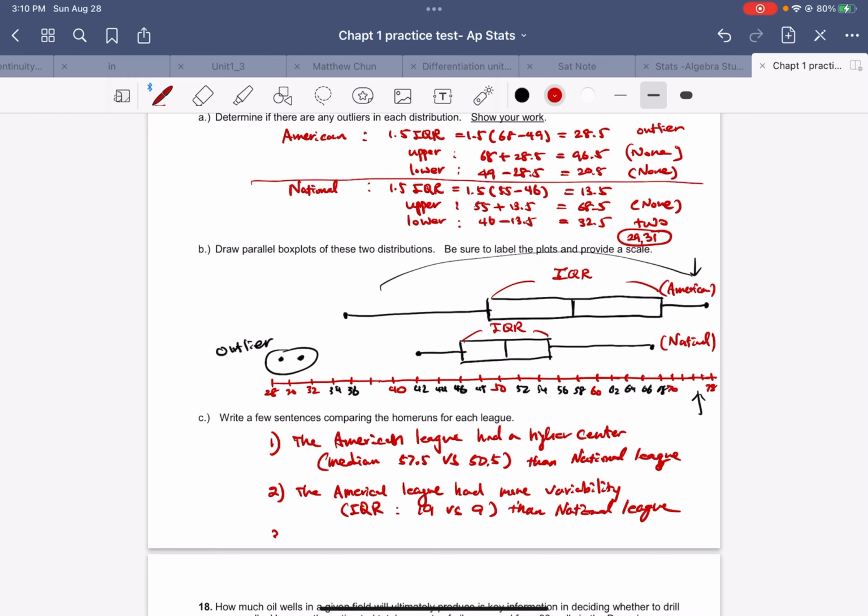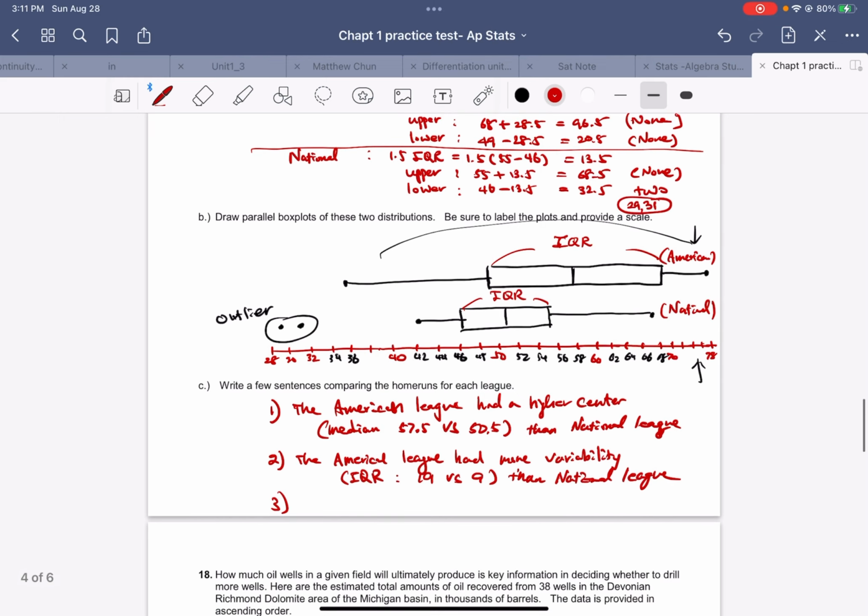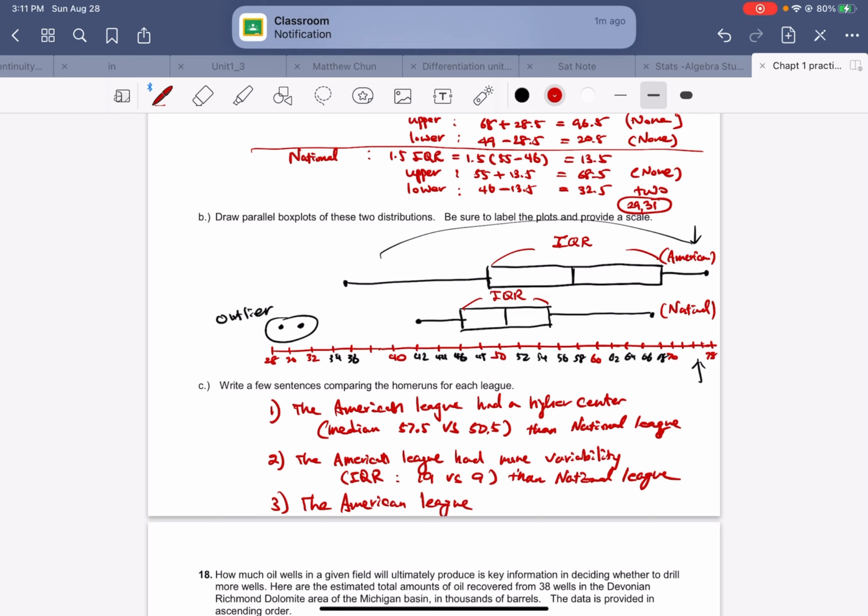Now the third one you can write. We talk about center and variability, interquartile range, and also you can say which one is more symmetrical, right? So you can say this American League is more symmetrical.